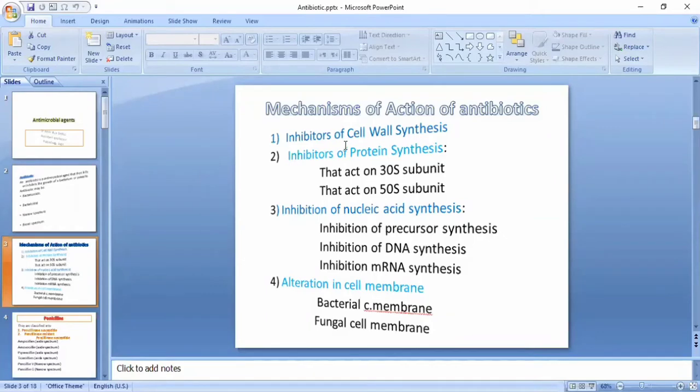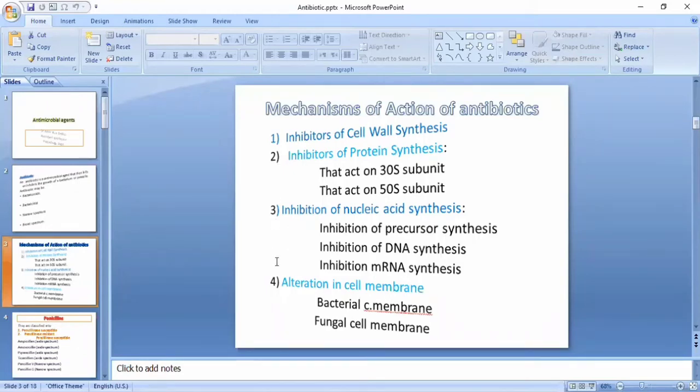Some antibiotics inhibit the cell wall synthesis, and other antibiotics inhibit the protein synthesis. And the third mode of action of the antibiotics is the inhibition of nucleic acid synthesis. And the fourth one, alteration in cell membrane.